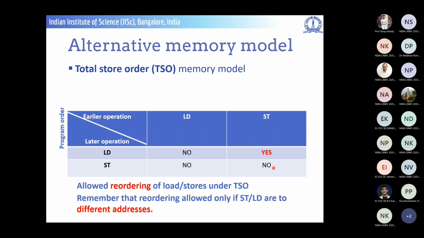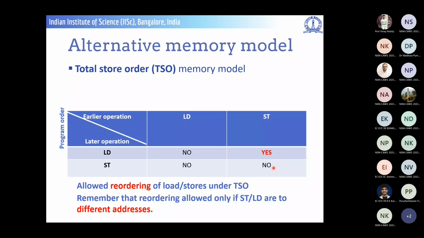Remember, I keep saying that we are talking about this reordering with respect to different addresses only. As soon as it becomes the same address, it's coherence. We are talking about different addresses, and only then do you do this kind of optimization and the memory consistency model comes in.